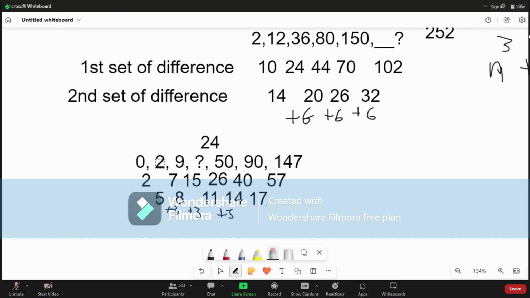So 2 minus 0 is 2, 9 minus 2 is 7, and then later 24 minus 9 is 15. In that way I have made use of the first option. And I have found that there is some logic coming after the second set of difference, that is they are following the same pattern: 5 plus 3 is 8, 8 plus 3 is 11, 11 plus 3 is 14, and 14 plus 3 is 17. So you are getting a logic over here. So this will be the correct answer for this one.